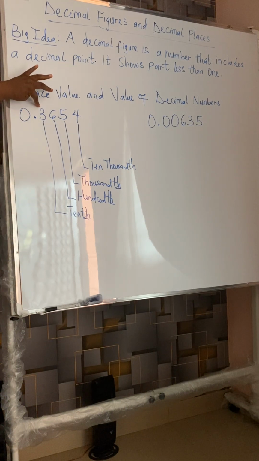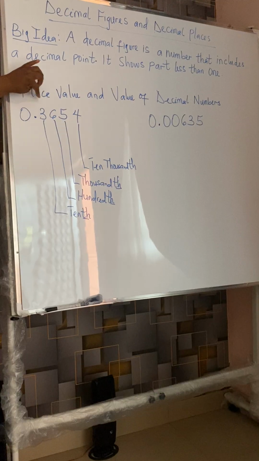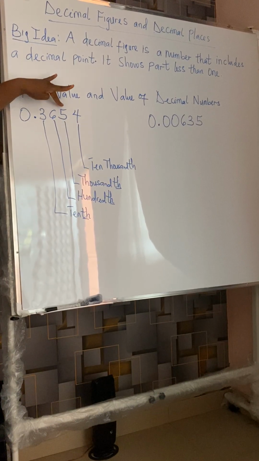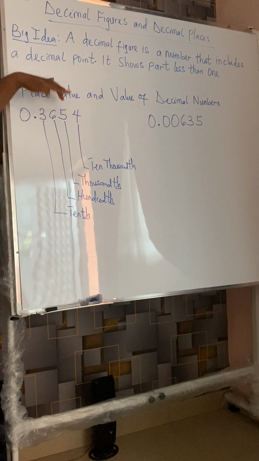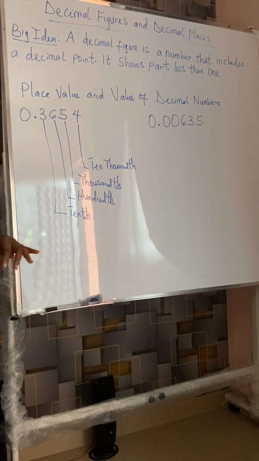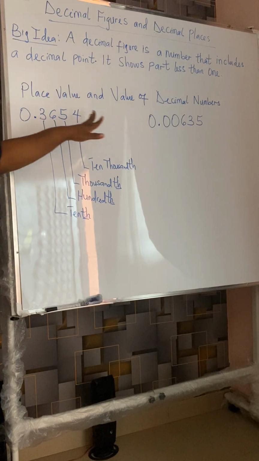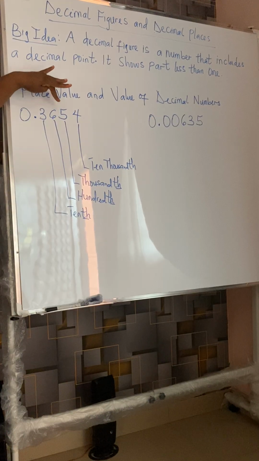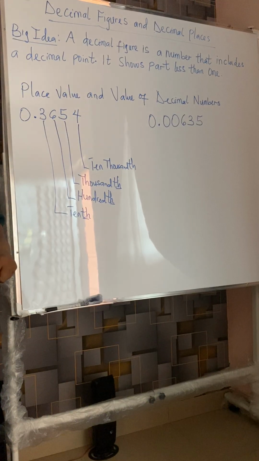This is the first position, the first decimal place. The second position, the second decimal place. The third position, the third decimal place. The fourth position, the fourth decimal place. So you can comfortably say that in this decimal number or figure like this, there are 1, 2, 3, 4 decimal places. There are 4 decimal places here.